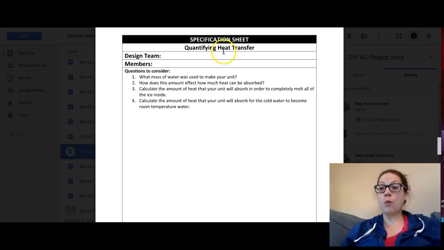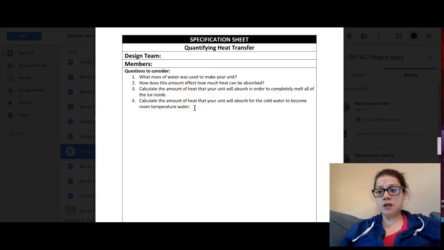They're also going to quantify heat transfer. Here's where the big math piece comes in: they're going to calculate the amount of heat the unit will absorb. Q equals MC delta T is one of the main equations they need to know for chemistry. So they're going to be using those heat equations that are part of the curriculum just applied to their unit for reinforcement.